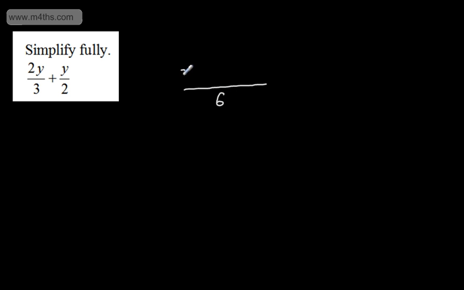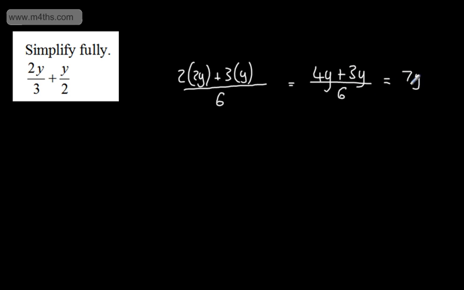I need 2 lots of the 2y plus 3 lots of the y. So that's going to give me 4y plus 3y over 6, which is equal to 7y over 6.